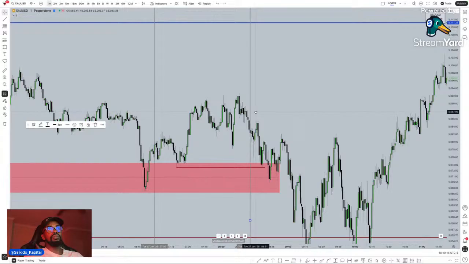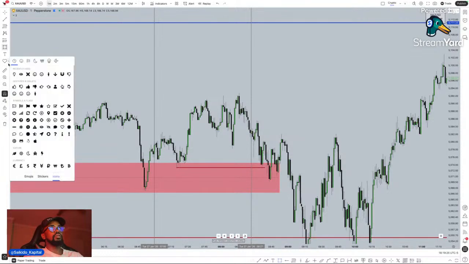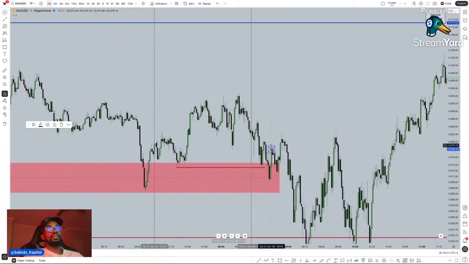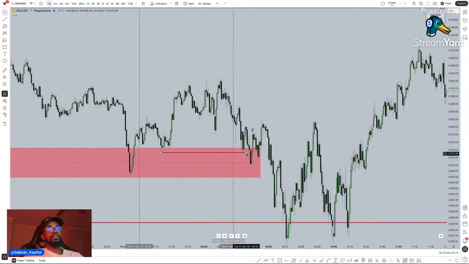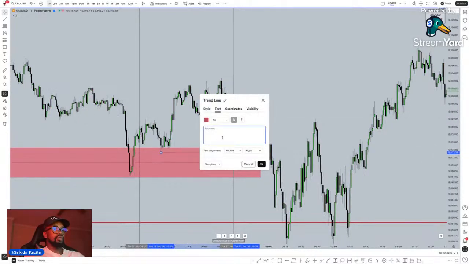So 8:30 opens, it sweeps these relatively equal lows, and then it puts in this nice bullish market structure shift above this swing high during the macro. So we take out these relatively equal lows, smooth edges.